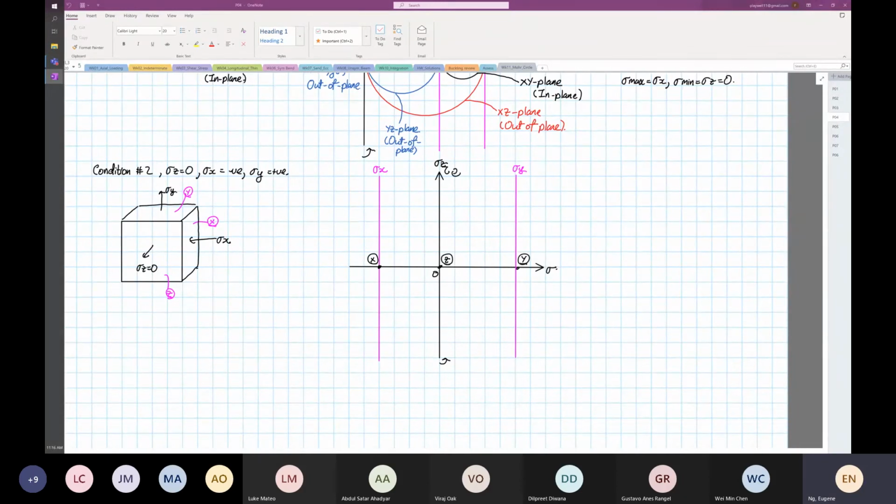For this case, we are going to draw our XY plane first. The XY plane, you realize now is going to be the biggest circle. So this is your circle for your XY plane, and this is your in plane.